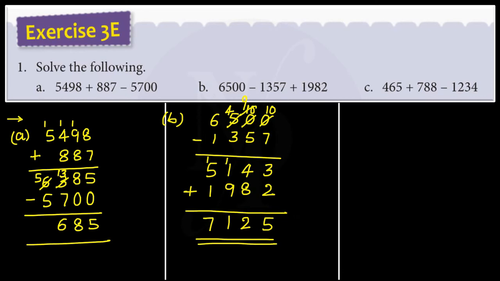Coming to question C. Here we need to add the first two numbers, and from the sum we need to subtract the third number. So let us write down appropriately and solve this question. So I will write down 465, and we should add 788 to this number.